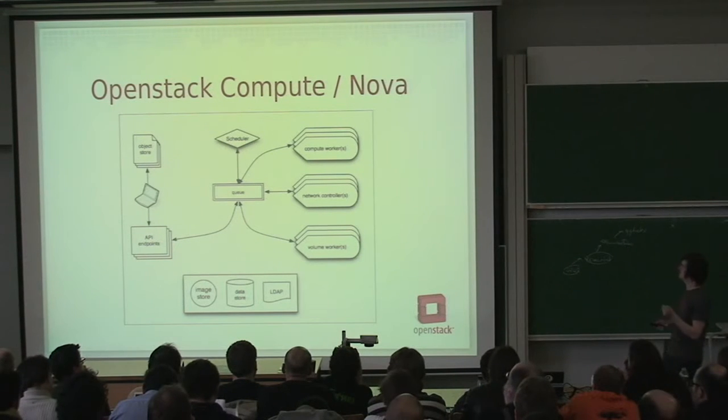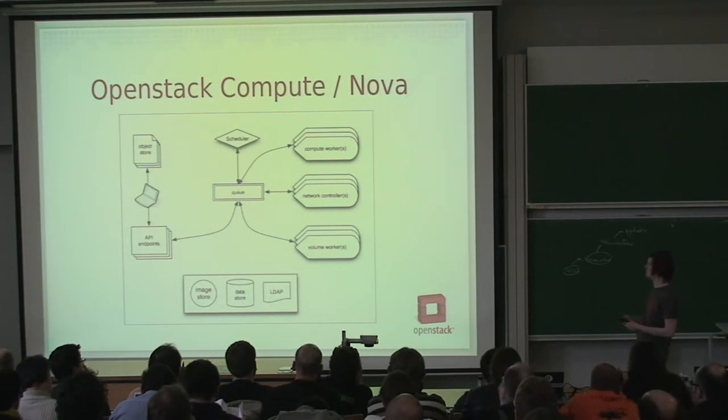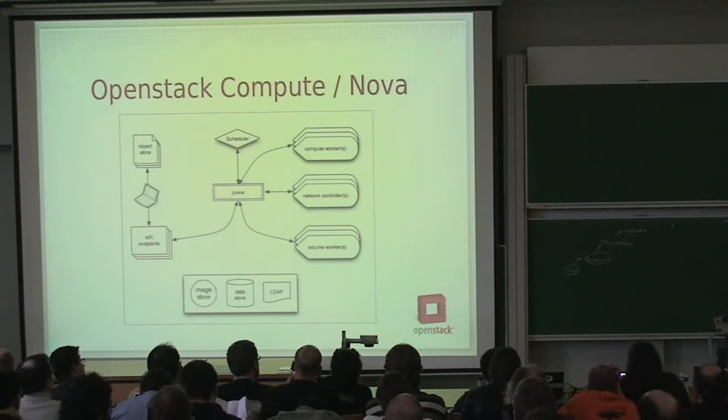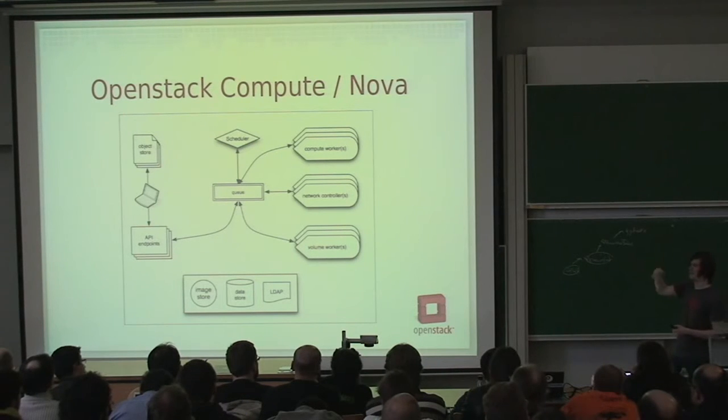There's a scheduler, there are compute workers, and network controllers, and volume workers, and there's a very, very crude object store that we inherited from the old Nova, from the NASA guys. It implements the S3 interface because they were still doing the Amazon APIs back then.